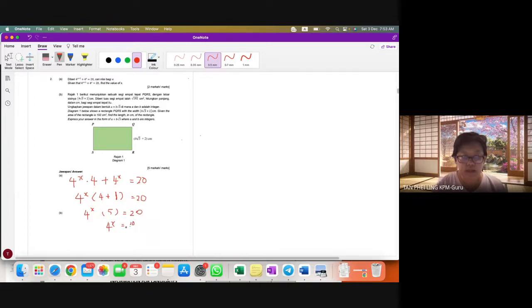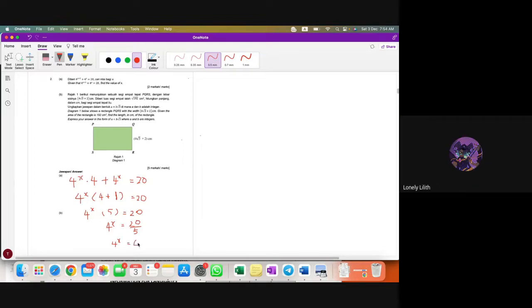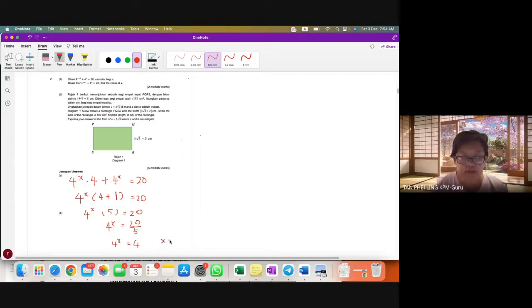Am I right? Because you factorize it out and now they are multiplied. So you can get 20 divided by 5, and you are left with 4 power x. Now, happily, you can see that this is a 4 to the power 1. So your x equals 1. Very good.